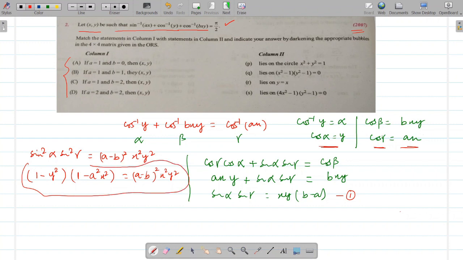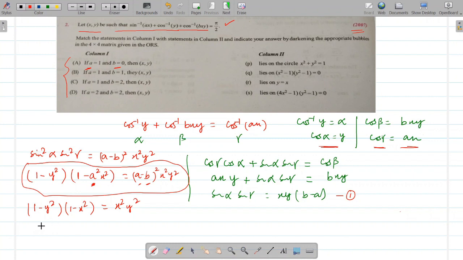Now we can verify each of the options by substituting the values. In the first, a is equal to 1 and b equal to 0. So we get (1 minus y square)(1 minus x square) is equal to x square y square.